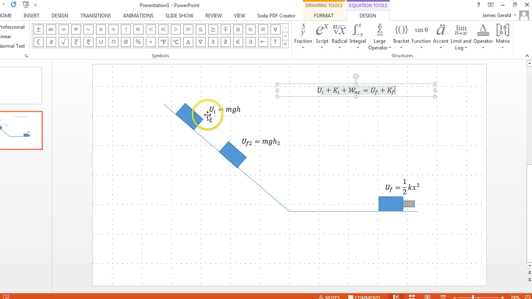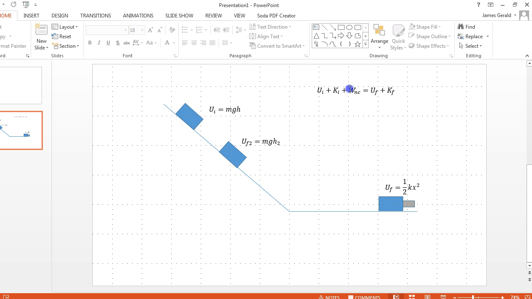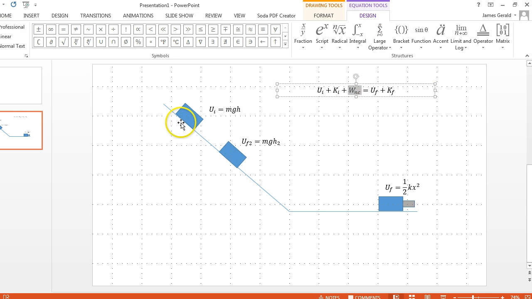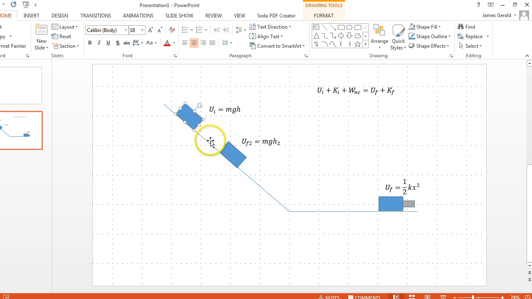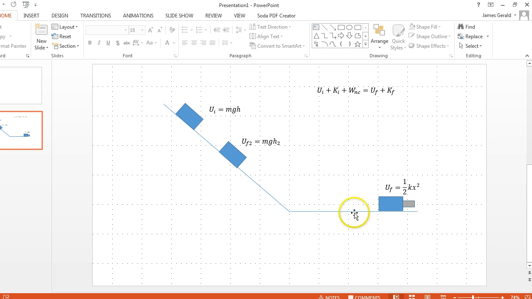We know K initial is 0 because it's sitting still. We know everything here, so we can find how much work friction does in going along that distance on that part of the slope. Then we've got to figure out, given how much work friction did per unit length, once you're down to this much energy down here, how much work does it do on the way back up?